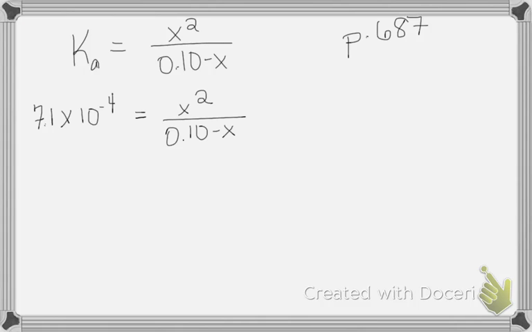In other words, let's assume that X is so small that it's not going to matter, so we're just going to take it out of the equation. So we're making an assumption, and that's okay for now. So assume X is so small that we take it out of the denominator, and now solve for X.